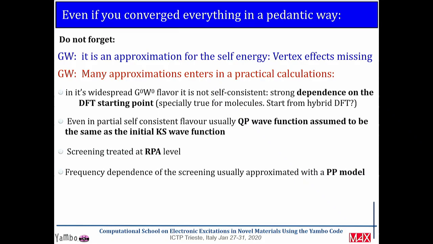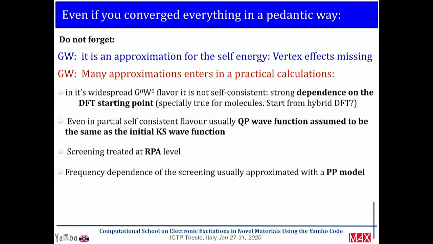Something that I didn't mention, but you can understand: G0W0 is not self-consistent, so you can always have a dependence on your starting point. As a rule of thumb, if your DFT starting point is closer to what you get, then the GW correction will be more accurate.